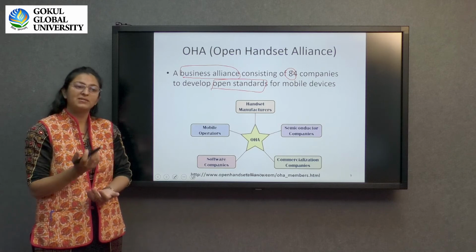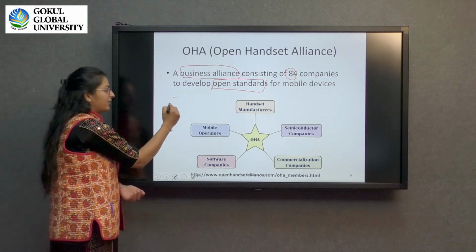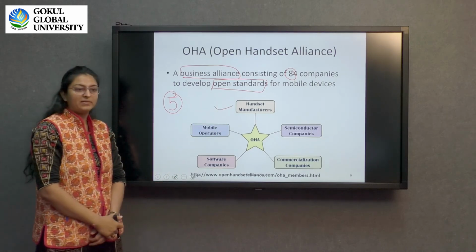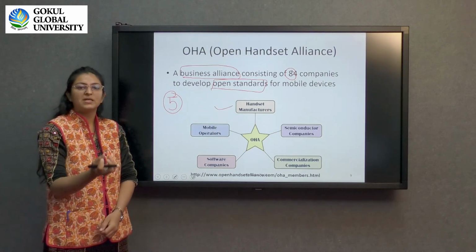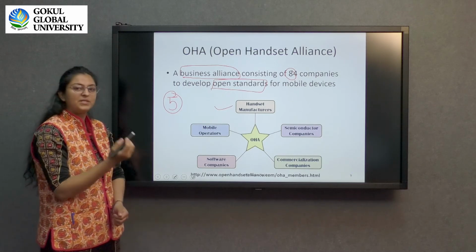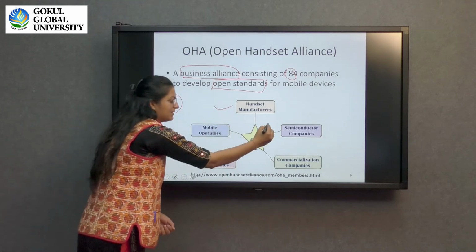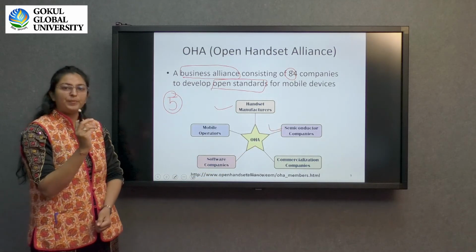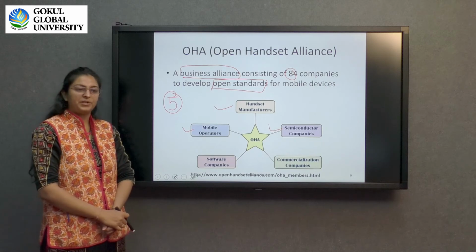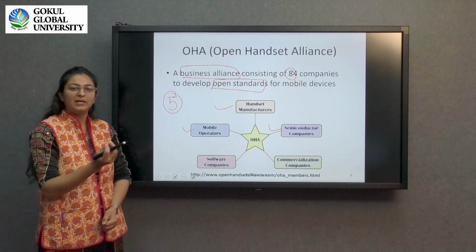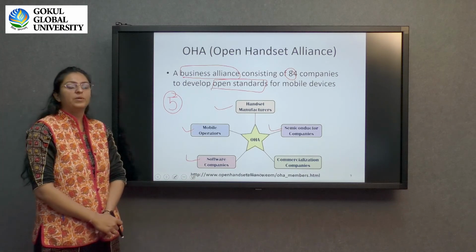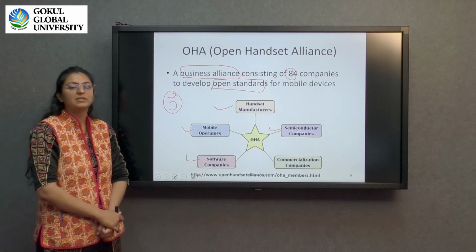There are five different categories of companies. The first one is handset manufacturers, who ultimately manufacture the devices, like Samsung and all those companies. Semiconductor companies, the chip manufacturers. Mobile operators, SIM card operators through which we can make a call and do our communication. Software companies which develop the software for the hardware.